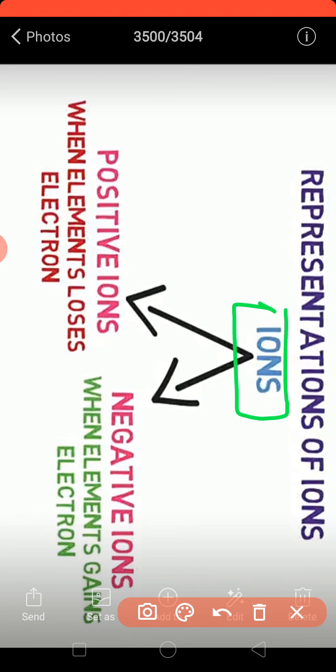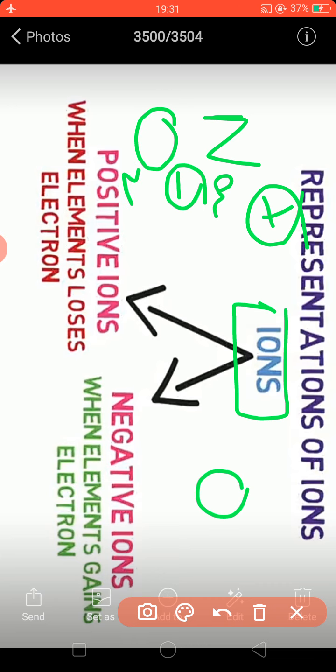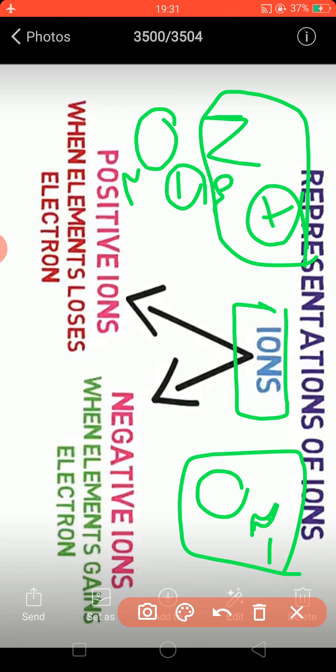But sometimes you may have seen written Na positive, that is sodium positive, or O2 negative, meaning oxygen with a negative charge. These kinds of species are called ions. So ions can be either positive or negative. Na positive is a positive ion, and O2 negative is a negative ion.